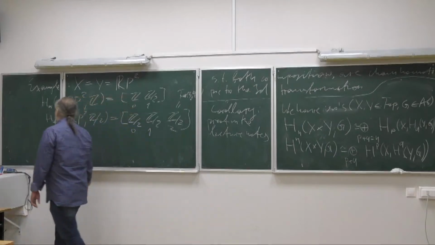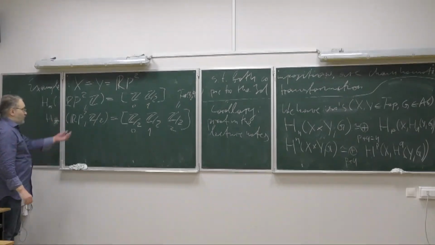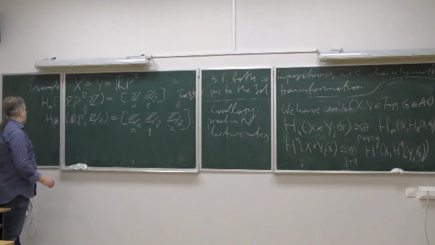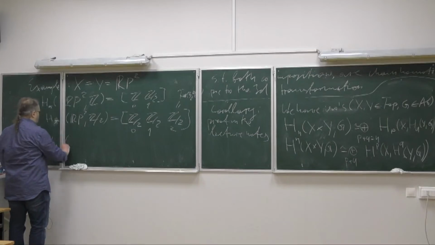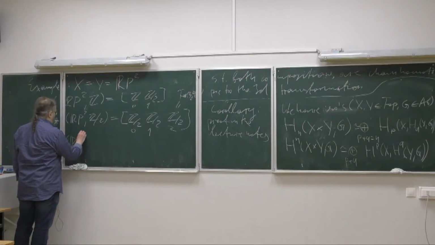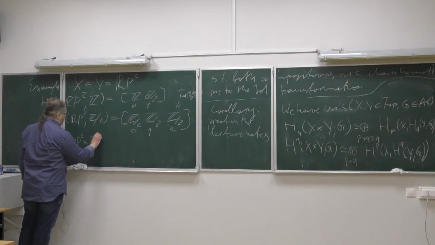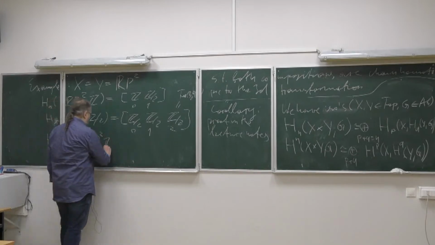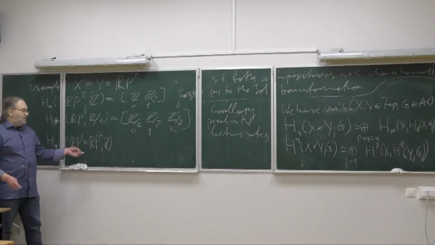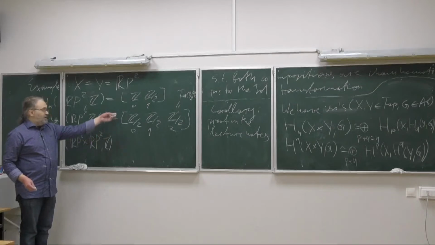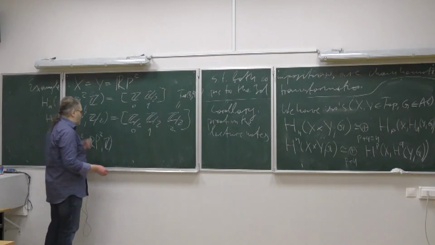Okay, so we have all ingredients. So we apply the first formula. And we want to calculate the integral homology groups of RP2 times RP2.